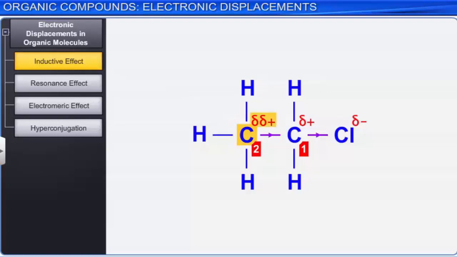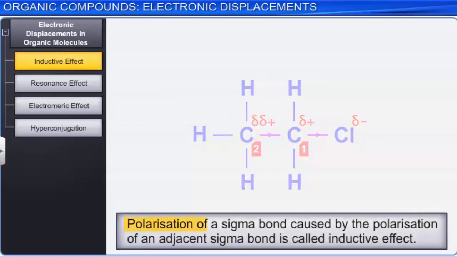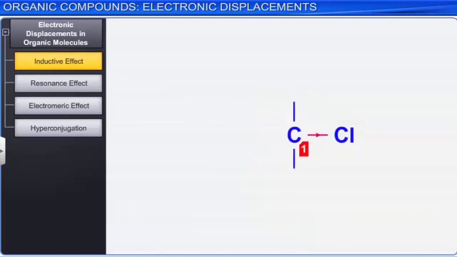The delta plus represents a relatively smaller positive charge as compared to that on carbon 1. Thus, the carbon-chlorine bond induces polarity in the adjacent bonds. Such polarization of a sigma bond caused by the polarization of an adjacent sigma bond is called inductive effect. Inductive effect decreases as the distance from the source atoms increases.